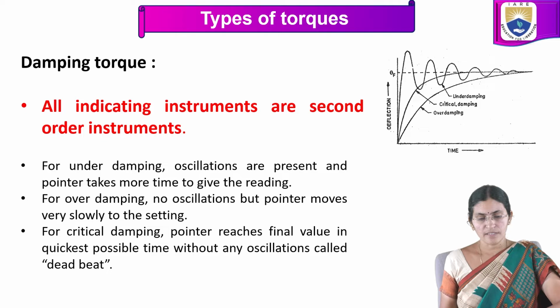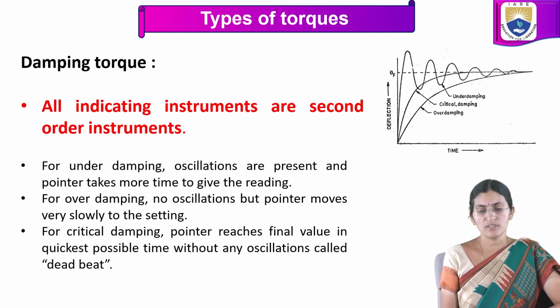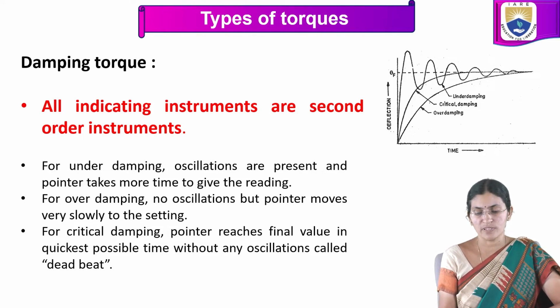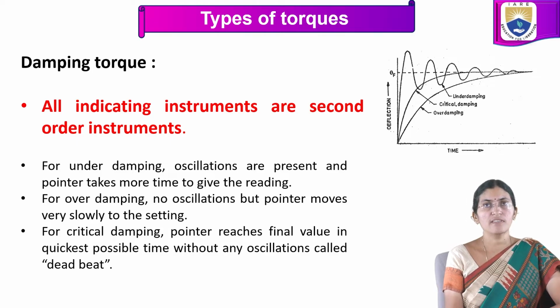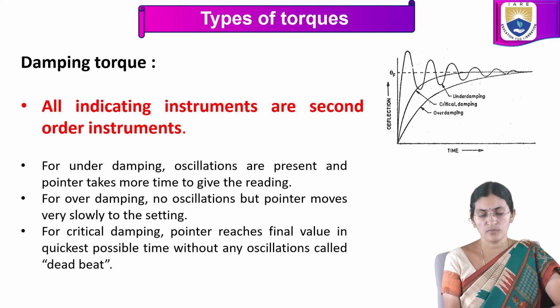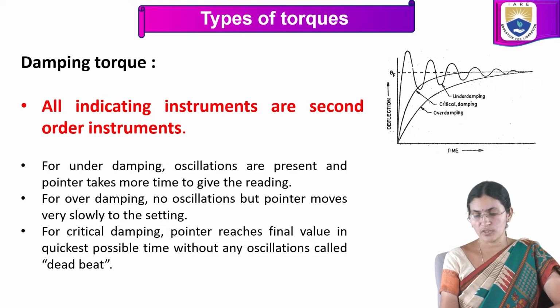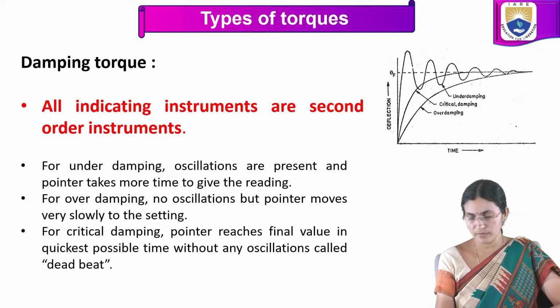Now, the next type of torque which is available in indicating instruments is damping torque. All the indicating instruments are second order systems. We know that in second order systems, the term damping comes into picture. As you can see in the diagram, this is the case of an underdamped system.